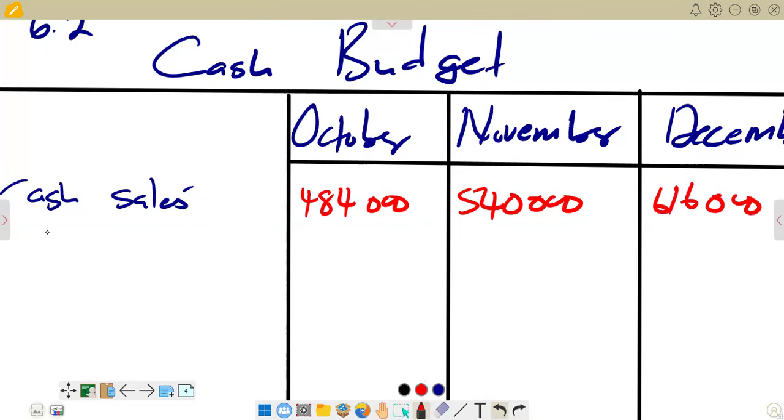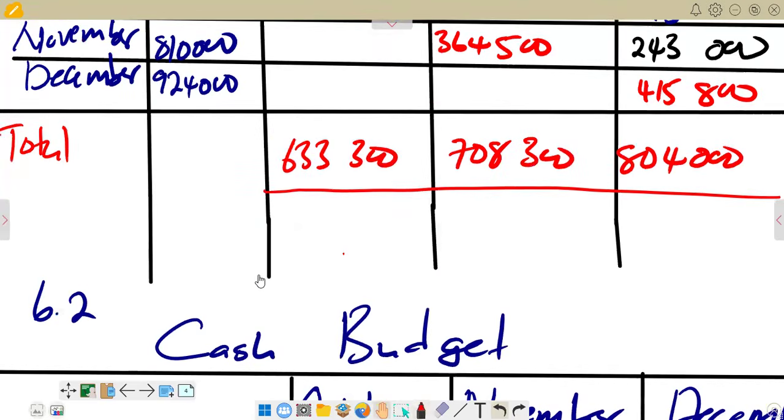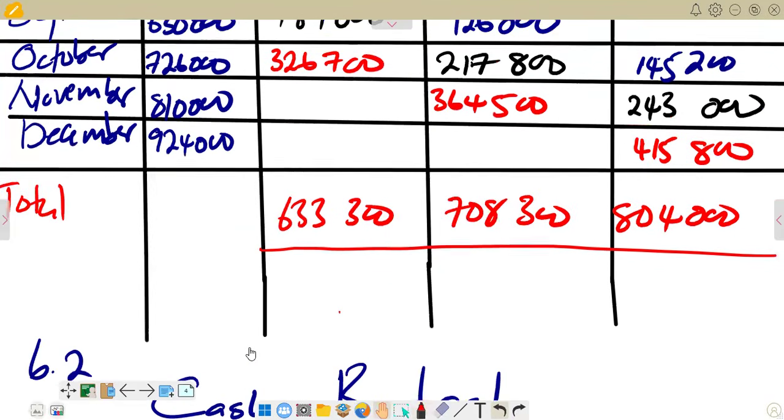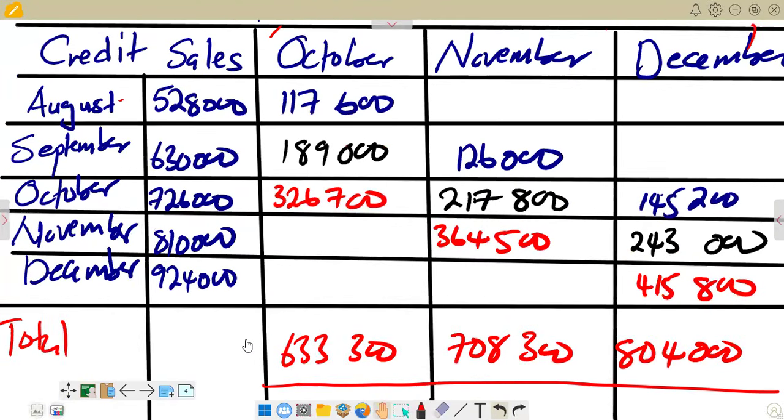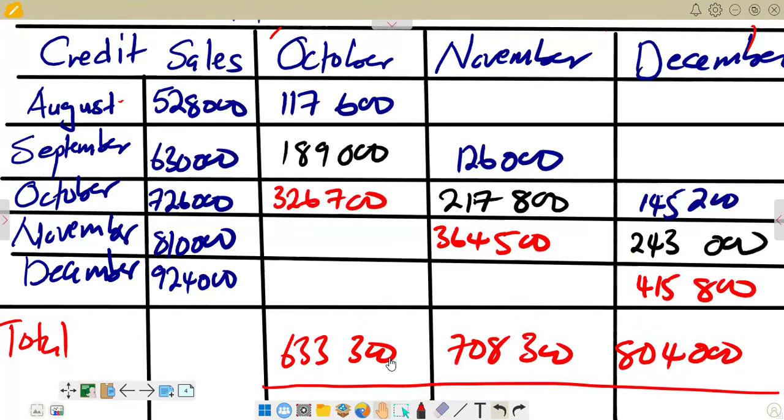Then we are also supposed to add receipts from debtors to get the total receipts. The receipts from debtors are the figures that we got on the collection schedule that we completed at the top there. So we are going to take these figures. For October, we take 633,300. For November, 708,300.